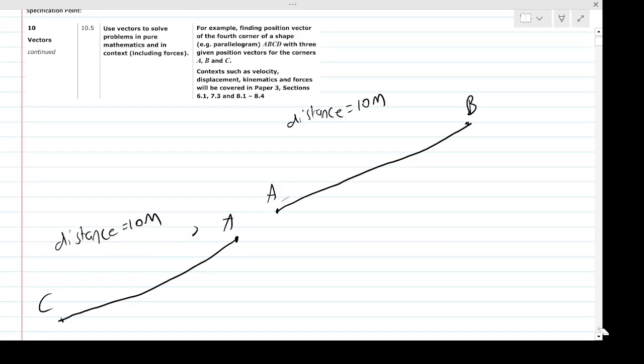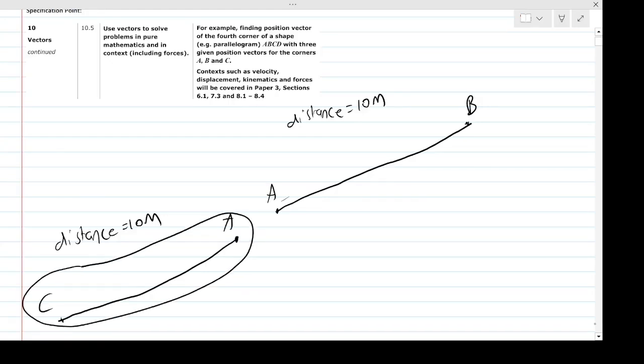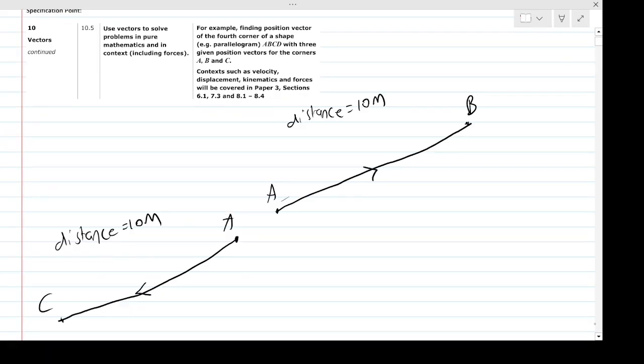Okay, so you can see in either scenario, in this first scenario from A to B, the distance is 10 between those two points, and it's also the same distance of 10 from A to C. But the scenarios are different, right? If we just physically looked at the number for the distance, it's 10 metres either way.